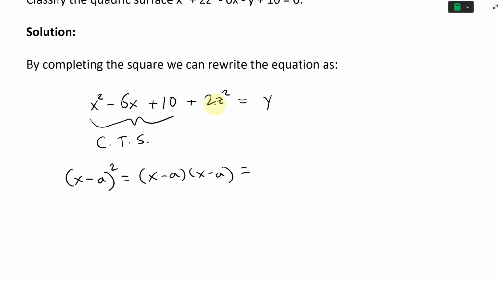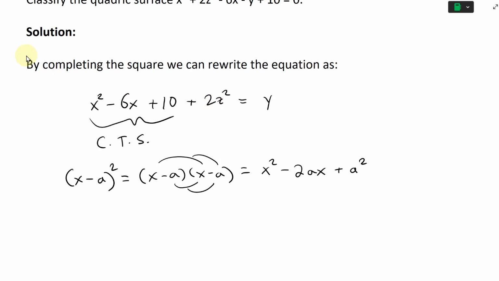So x times x gives x squared, then x times negative a gives minus ax. But we'll also have another one, minus a times x again. So x times negative a and negative a times x gives minus 2ax, and then negative a times negative a is plus a squared. Negatives become positive, so plus a squared.